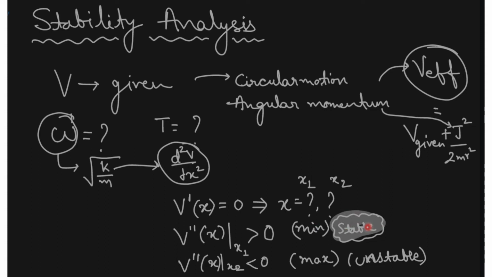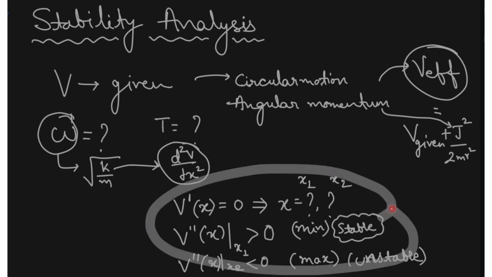And less than 0 will be what? How many people find themselves to be unstable? There must be some people who are unstable in their life. So less than 0. And how many people want to be stable in their life? That is greater than 0. So there are so many people you can find. So that's the condition for stable equilibrium. This is how you have to consider it.